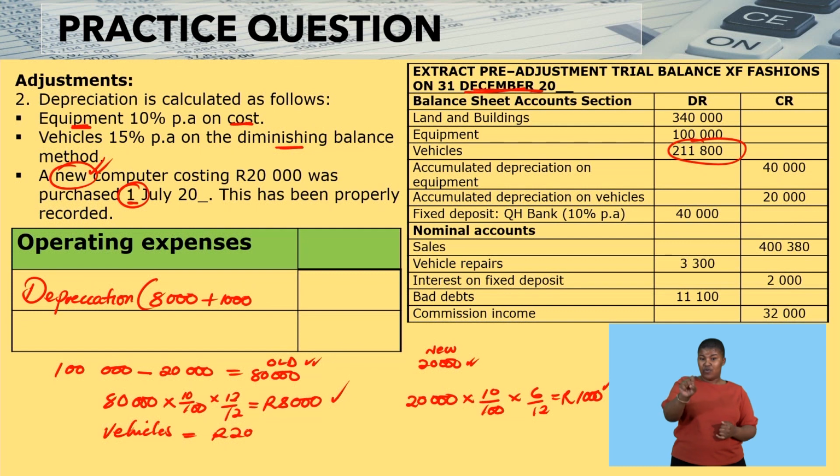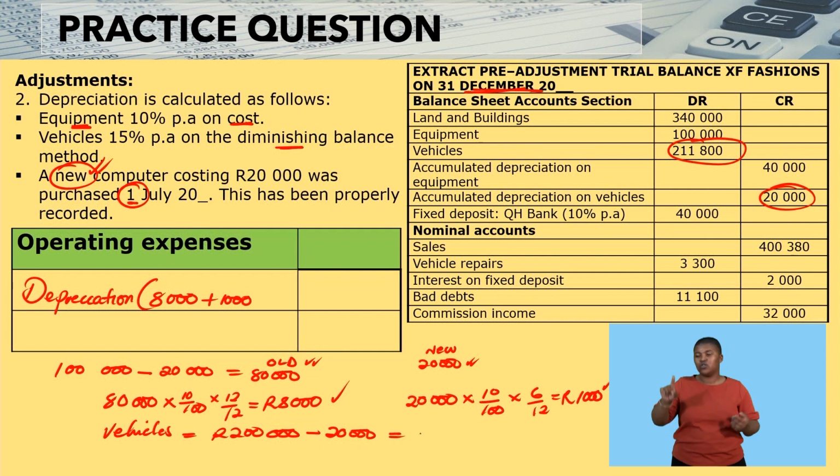Then we take our 200,000. We are using the diminishing balance method. Therefore, I must subtract accumulated depreciation on my vehicles, and that is 20,000. So come here and say 200,000 minus accumulated depreciation, which is 20,000.